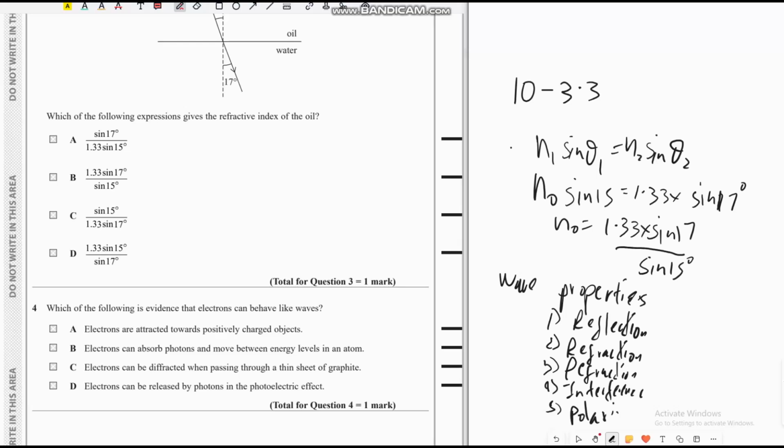Polarization only occurs on transverse waves. So we see the answer is diffraction here. So the answer has to be answer C. Alright, we move to the next question.